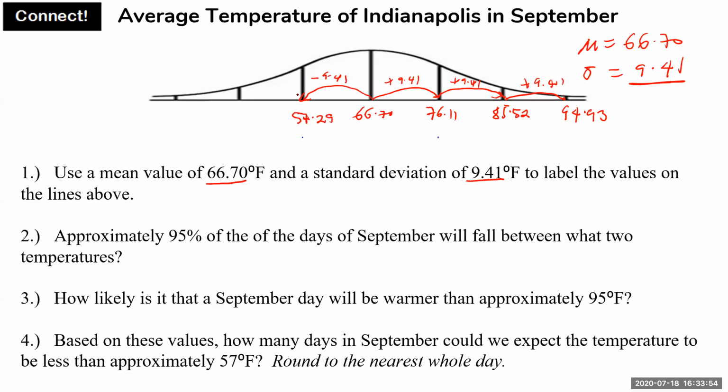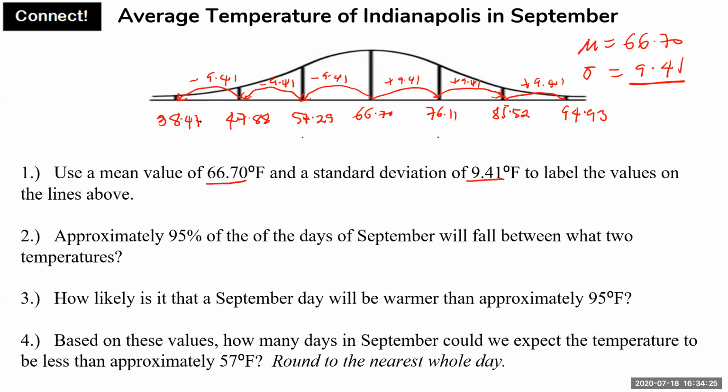Now we are going to subtract again as you move to the left. Minus 9.41, and this is 47.88. Then we subtract again, minus 9.41, and this is 38.47.